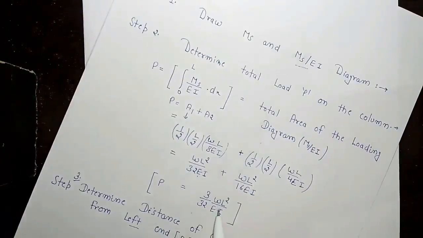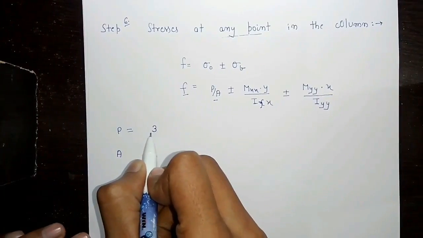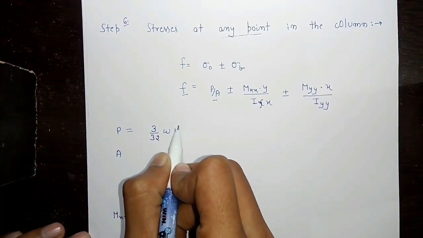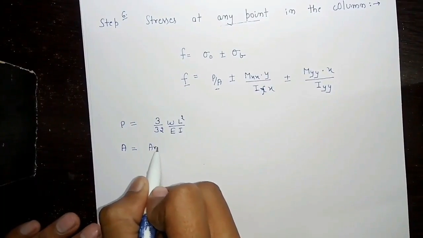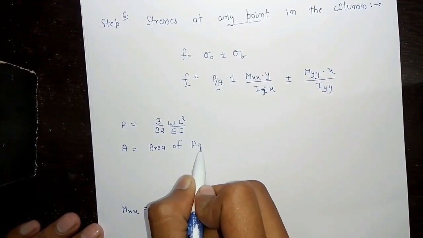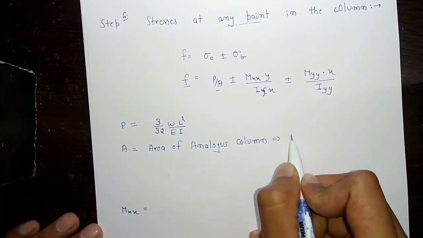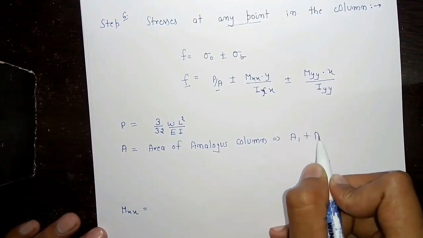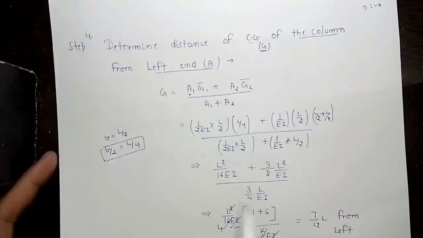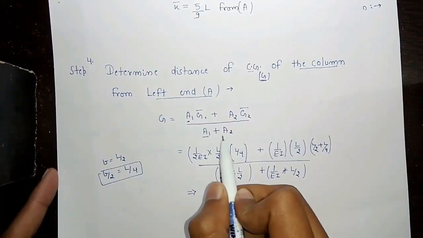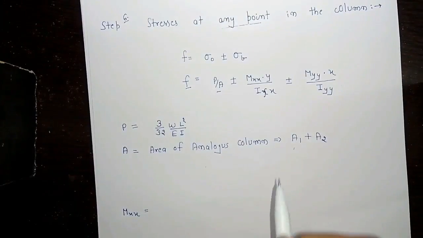We already determined P is equal to 3 by 32 W L square divided by EI. A is the total area of the analogous column, A1 plus A2. We already determined the total area of the analogous column in our previous steps, and it is equal to 3 by 4 L divided by EI.